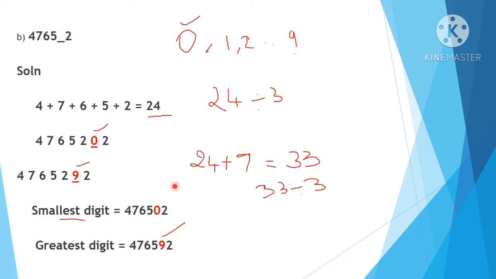So when you add it, you are getting the answer 24. Now check whether this 24 is divisible by 3 or not. 24 divided by 3, whether you are getting the remainder 0? Yes, because 8 3s are 24. So it is divisible, right?